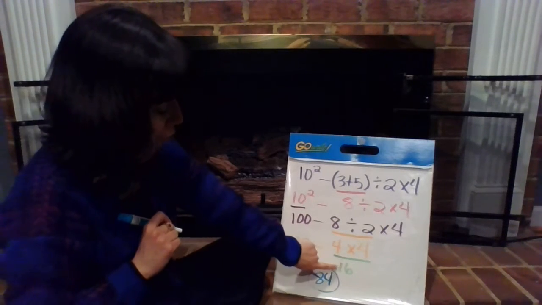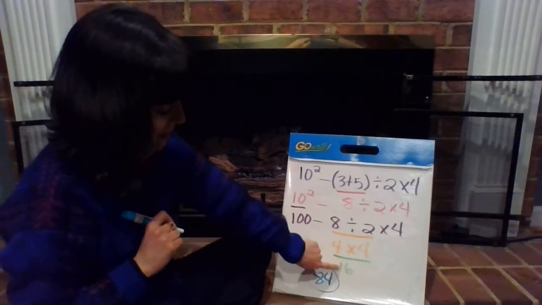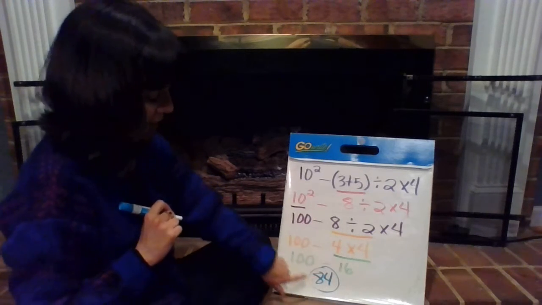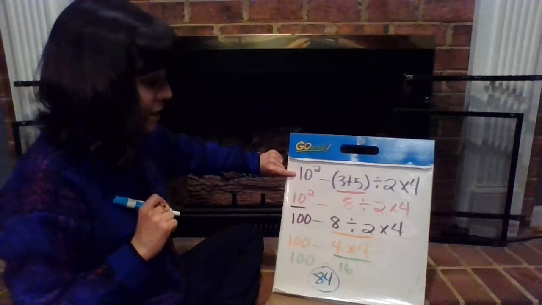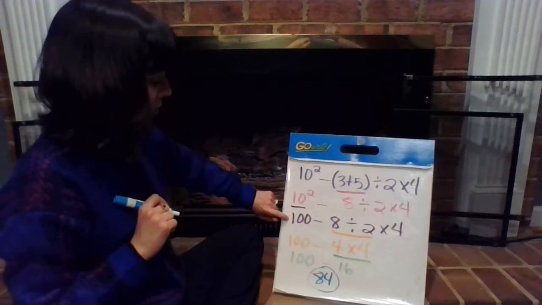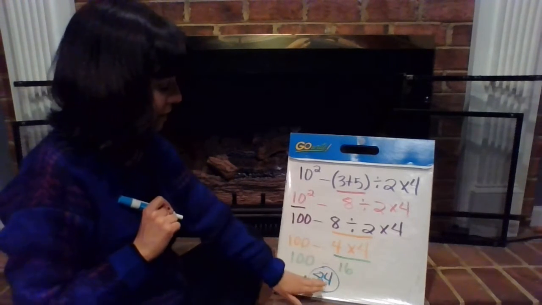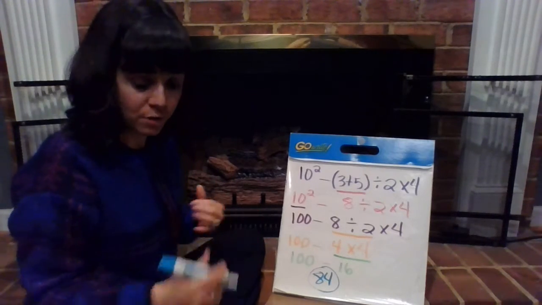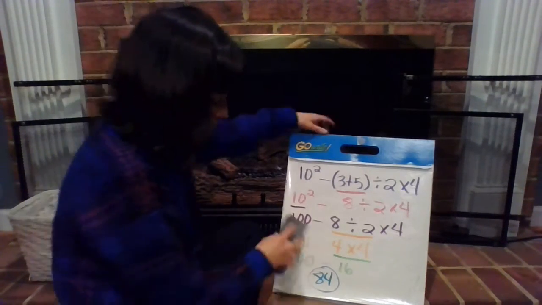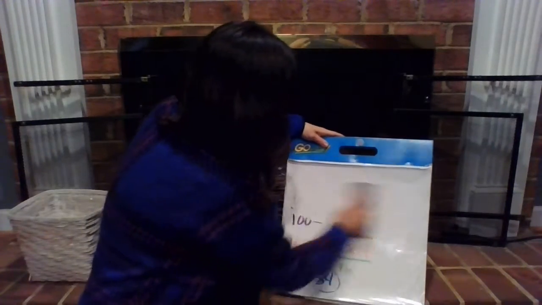I could say 84 plus 16: 80, 90, 96, 97, 98, 99, 100. So the final answer is 84. So this equals 84, this equals 84, this equals 84. All of these lead to that one answer. We didn't change the value anywhere in there.